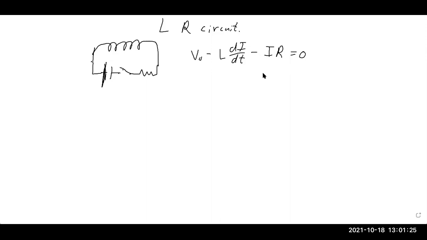So this can get rearranged to get everything with current on one side and everything without it on the other side.